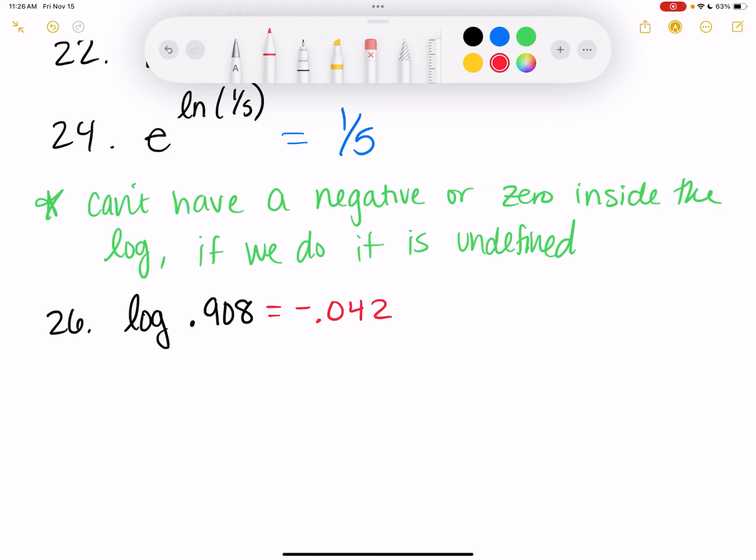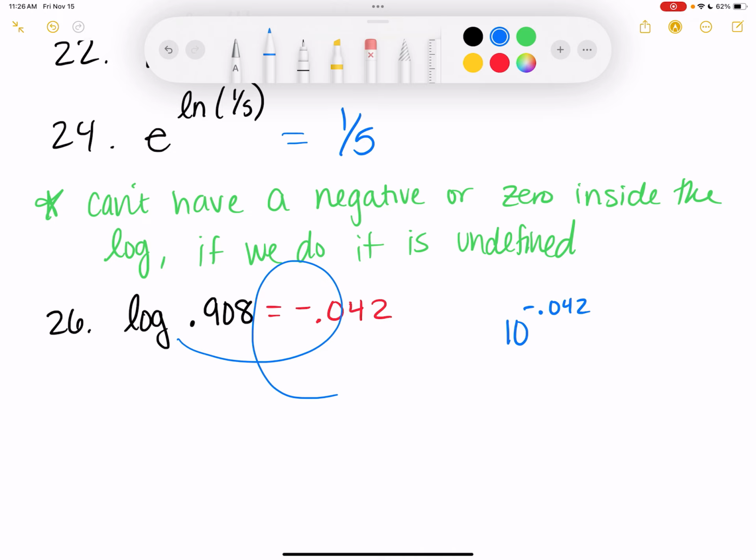So the way that we would check our answer here, just so that you can see it, I'm not going to require that you do it, but if you wanted to verify that your answer is right, which, I mean, hopefully your calculator gives you a right answer, this is base 10. So I could loop around here: 10 raised to the negative 0.042.